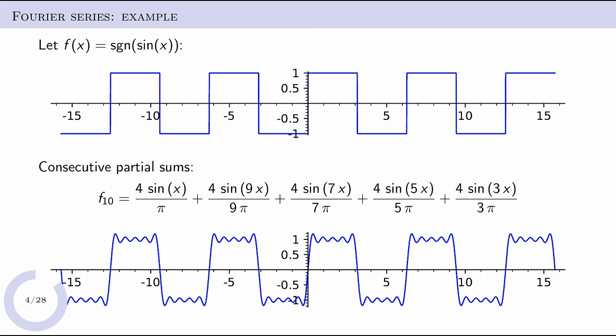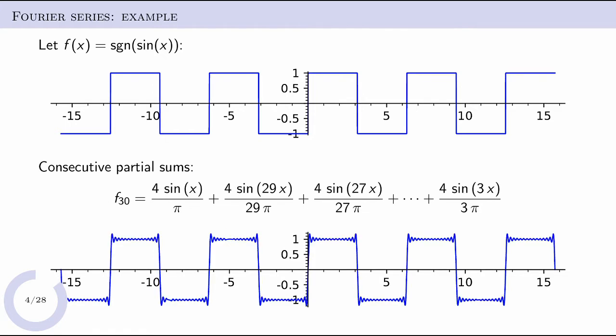And let's compute one more partial sum, f30. It's a sum of a very similar form as before. It's a sum over the odd indices from 1 to 29 of sine of nx over n pi times 4.